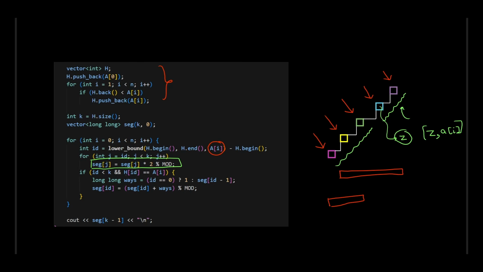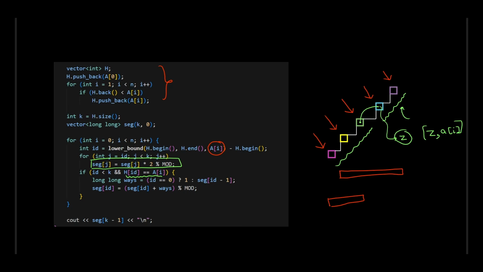But what if the element that you are trying to insert is taking you from this level to the next level, right? Because you just looked for the element that is bigger than or equal to this element. If it is so, then you can decide to take that element, right?